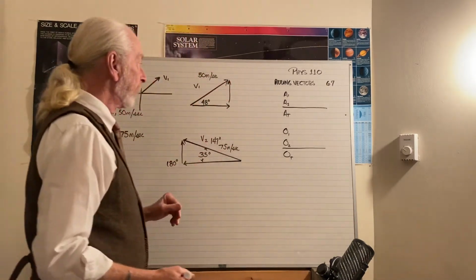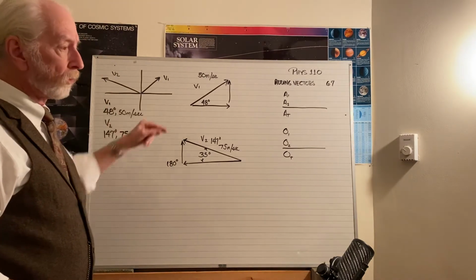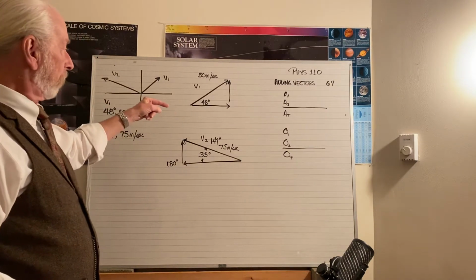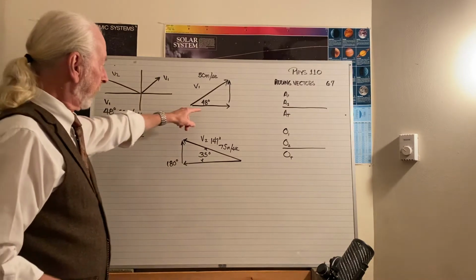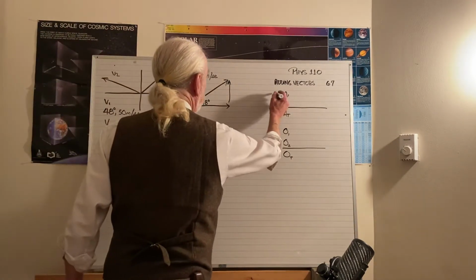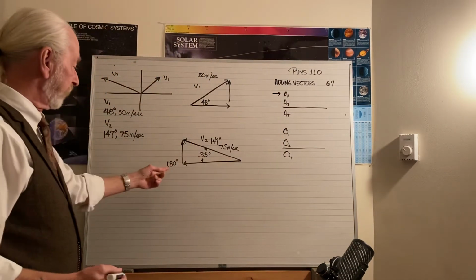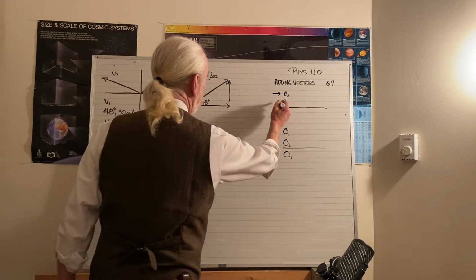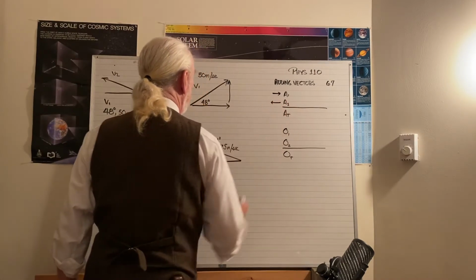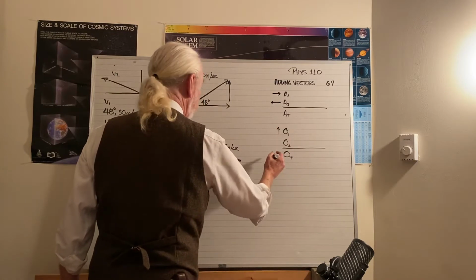But before we do that, there's one other thing you need to pay attention to. Notice the directions here. A1 is pointing this way, so I'm going to put an arrow right here. A2 is pointing in the other direction, so I'm going to put an arrow like so. O1 is pointing up. O2 is pointing up.